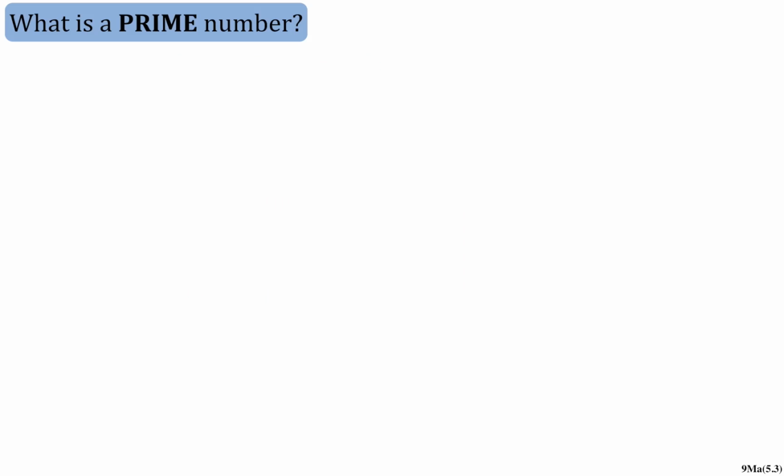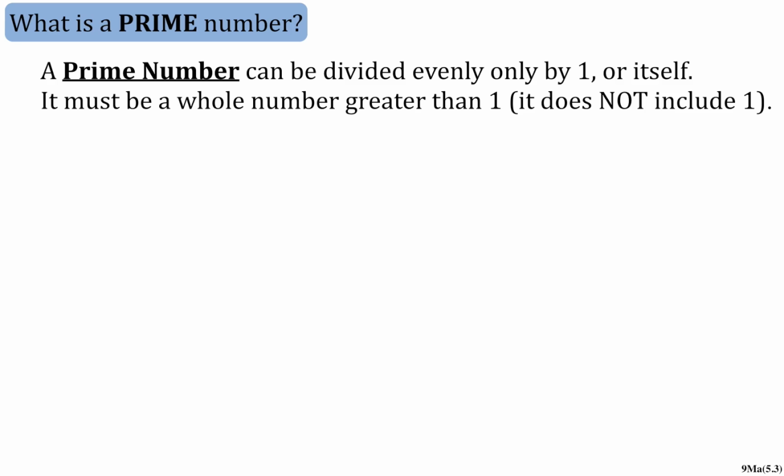Now, we've just got to go over a few terms that we need to make sure you can remember. What is a prime number? You've probably covered these before, but it's quite common for people to forget. Prime numbers are numbers that only 1 and the number itself can divide into evenly, and the number 1 doesn't count.